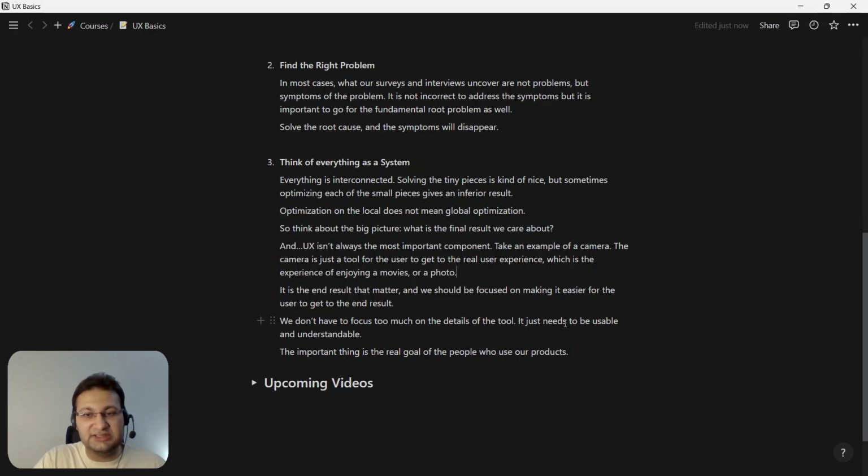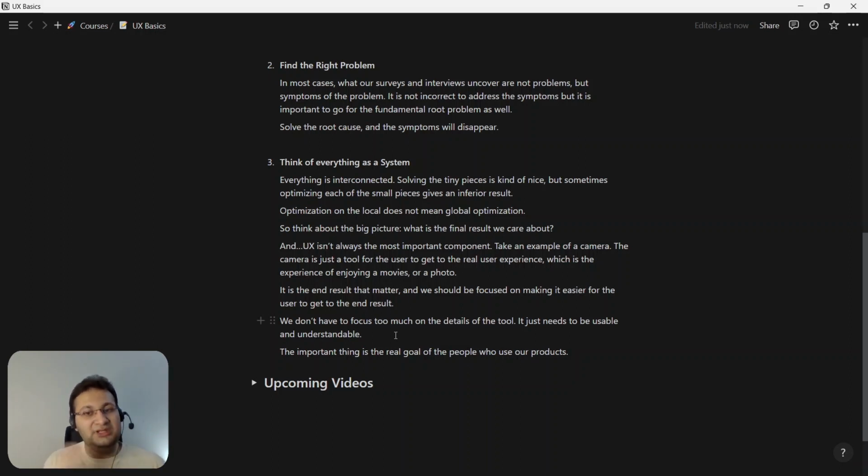It just needs to be usable and understandable. Usability and understandability of a product, in the case of a camera in this instance, is the preferred user experience for the user, and they should be prioritized. The important thing is the real goal of the people who use our products.